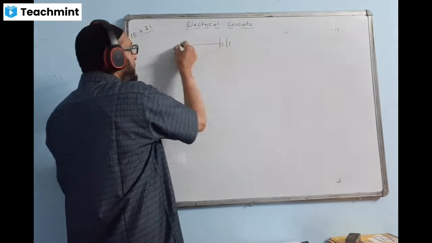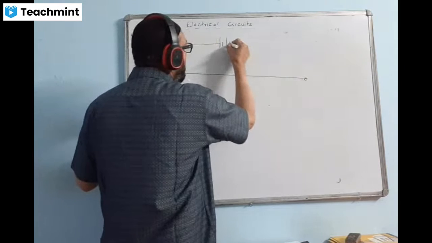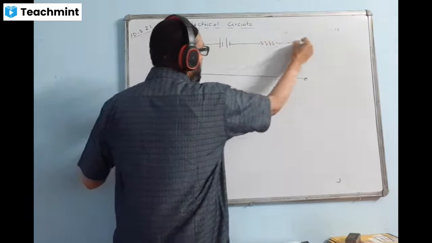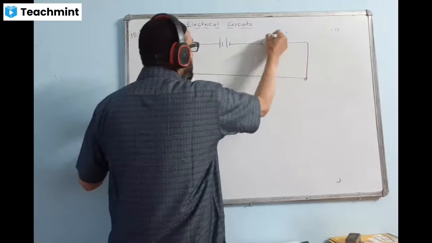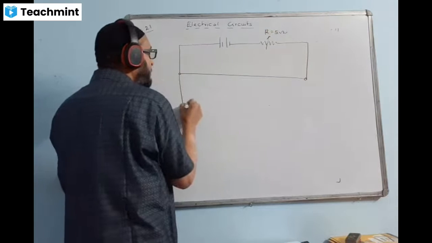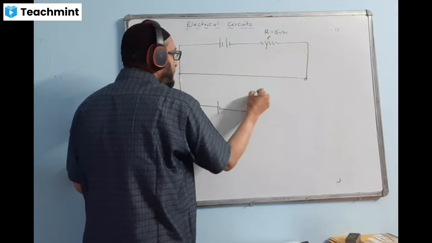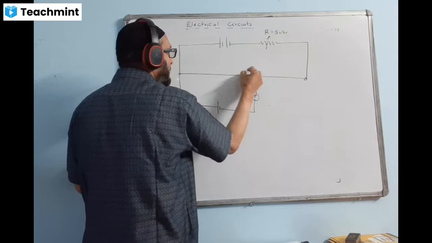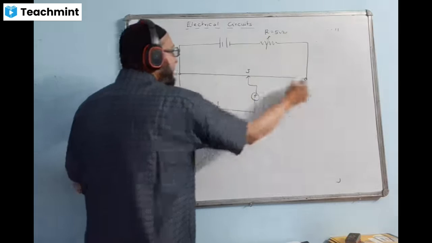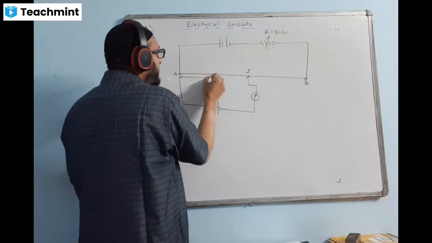Okay, here is a draw diagram here. Already a circuit is given to you. This is AB. This is 40 centimeter.